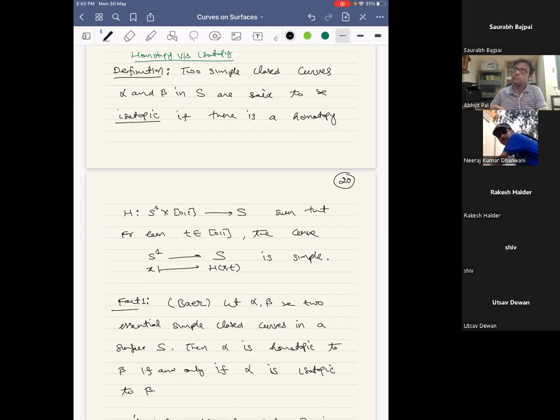Homotopy, I hope everyone knows: H is continuous, at time 0 it is alpha, at time 1 it is beta.